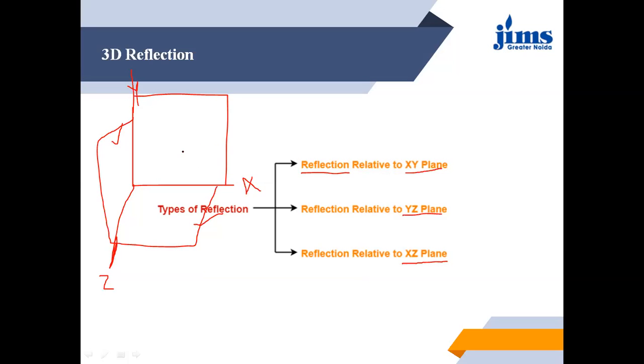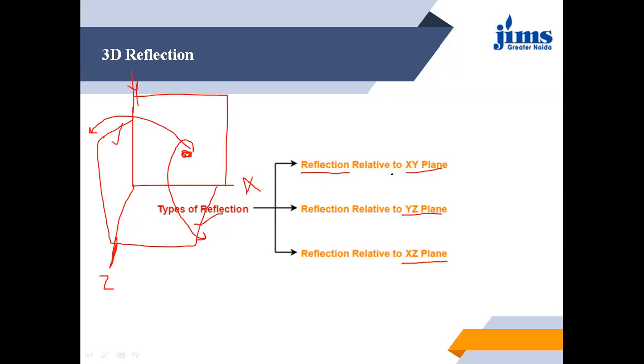Suppose we have an object over here, then its coordinates are x old, y old, and z old, and we can reflect this with respect to the xz plane, the xy plane, or the yz plane.